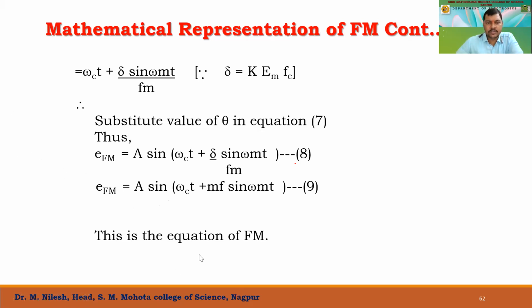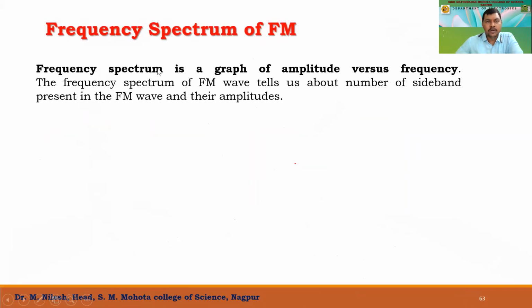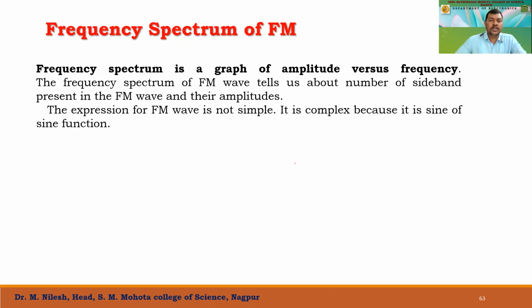Whatever we have seen over here, according to the change in the amplitude, we will have this type of equation or waveform. And the second one is the frequency spectrum of FM. The frequency spectrum of FM is a graph derived from amplitude versus frequency. It tells us about the number of sidebands present in the frequency modulated wave and their amplitude.